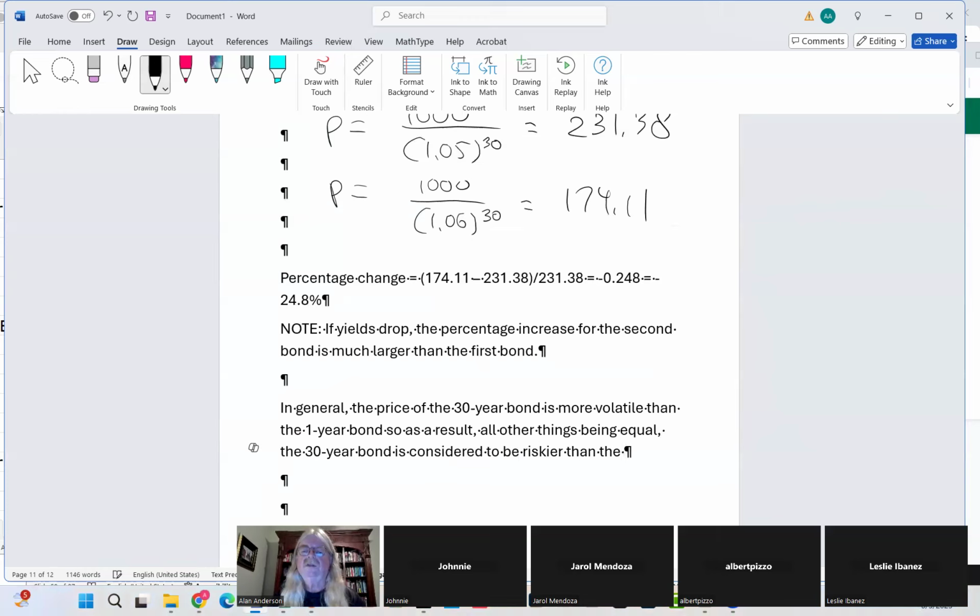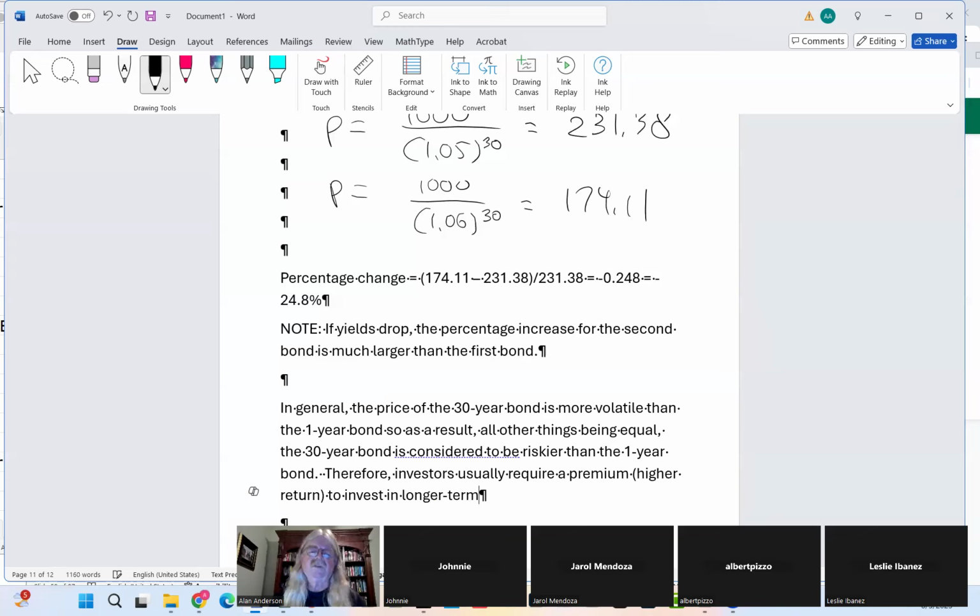Therefore, investors usually acquire a premium, a higher return, in longer term bonds.